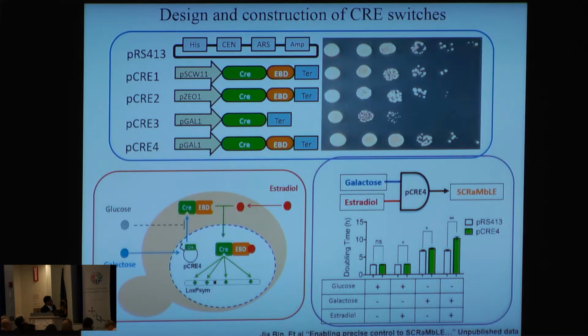By doing this, in most cases there's some leakage. We designed 4 types of the switch. By comparison, we found this one is a favorite one, and then we formed an AND gate. By testing the AND gate, we found it's a very tight control of the process.